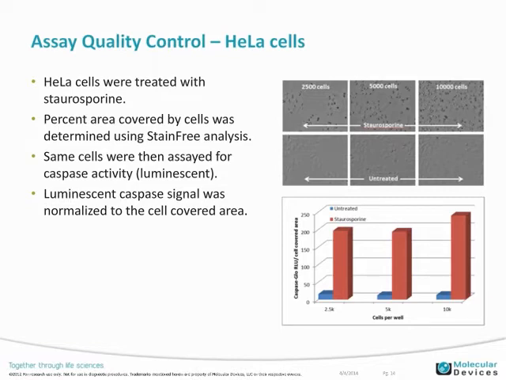The bottom graph is showing you those normalized results for each of the densities of cells per well. You can see that they're pretty consistent from one density to another. So I feel this could be used as a kind of assay control measure to control for things like unevenness of seeding of the cells.